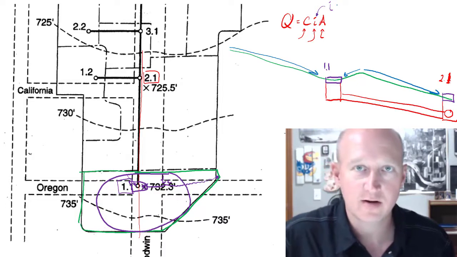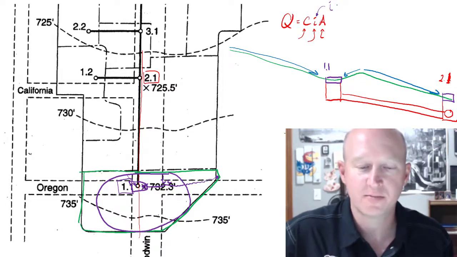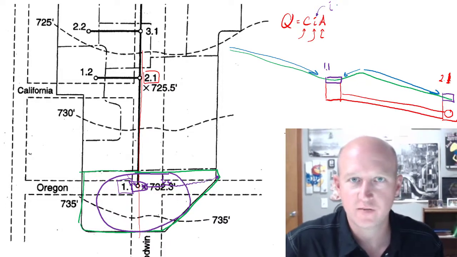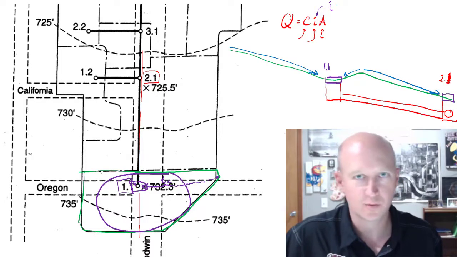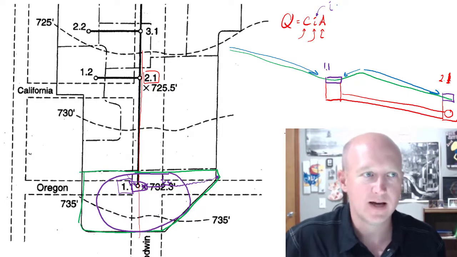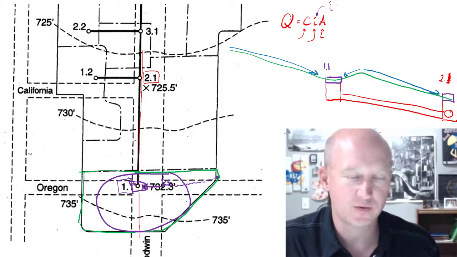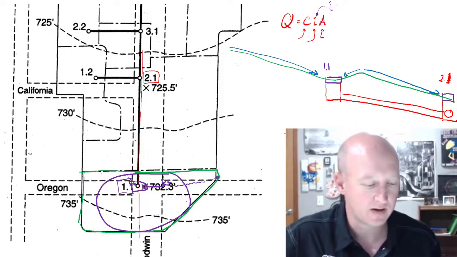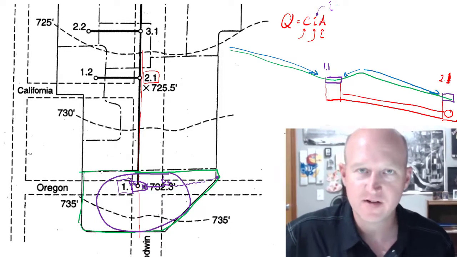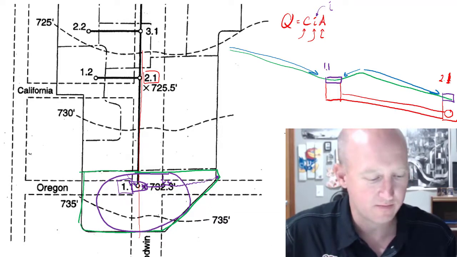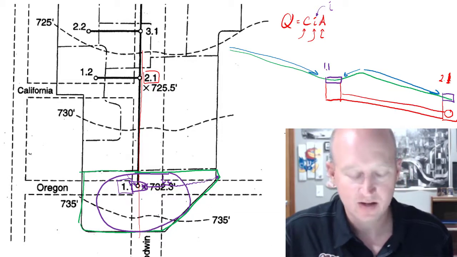We're going to get area off of a CAD drawing or something like that, and we're going to get the coefficient C based on land use, soil type, slope, and other design considerations, for example, return period being one. So that's actually a really easy calculation. Now we've got the flow rate for what's going into that inlet.